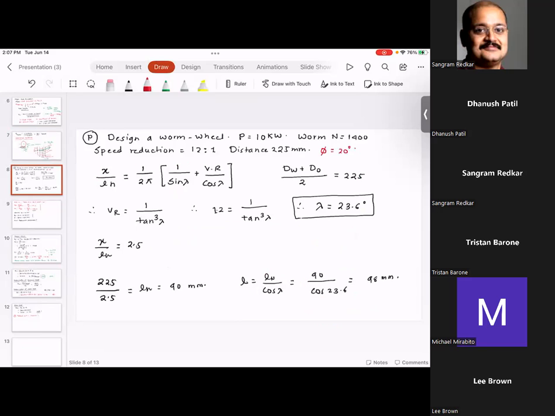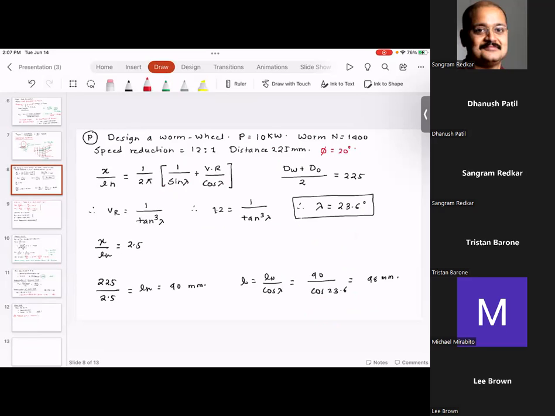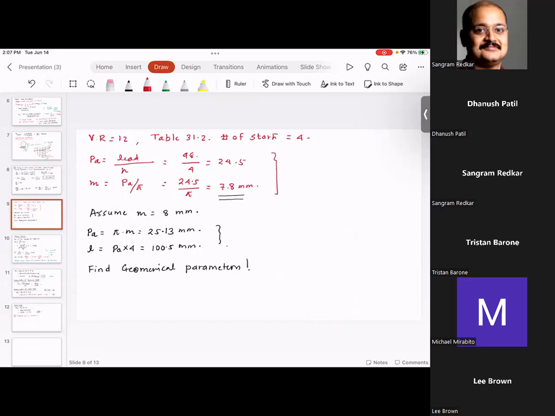That also is fine. With that, we get the normal pitch, then the lead, then the axial lead, then the axial pitch, and from the axial pitch, the module. Once the module is known, we can round it off and determine all the dimensions.